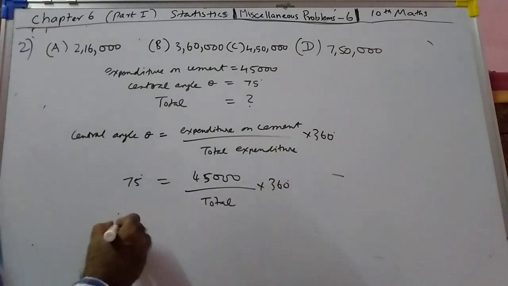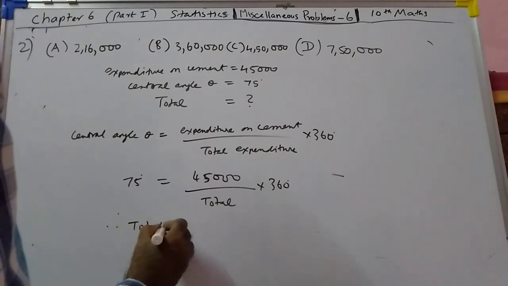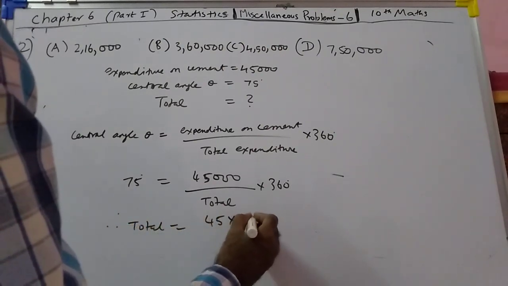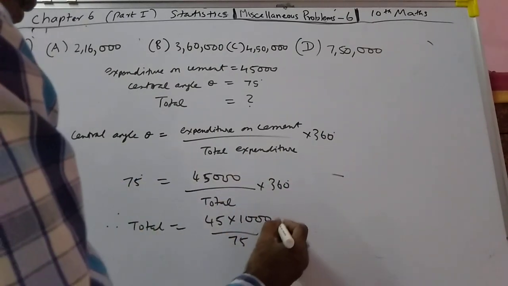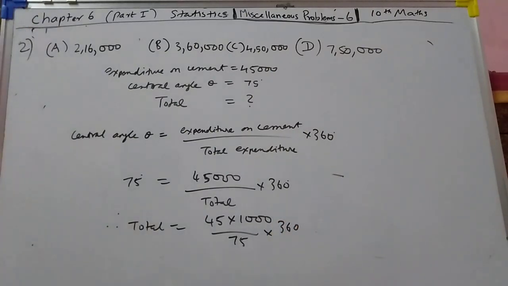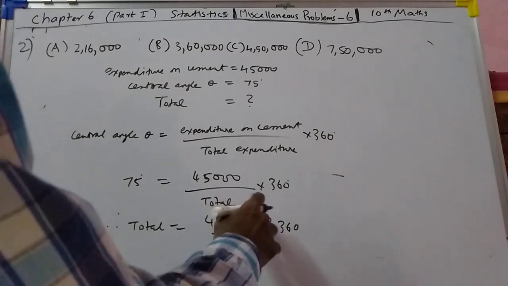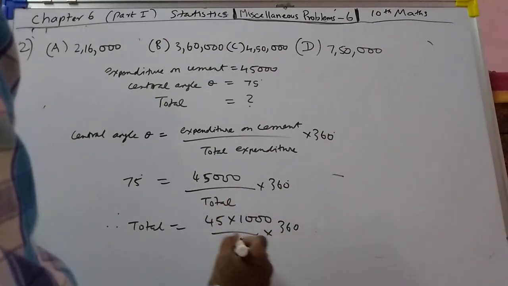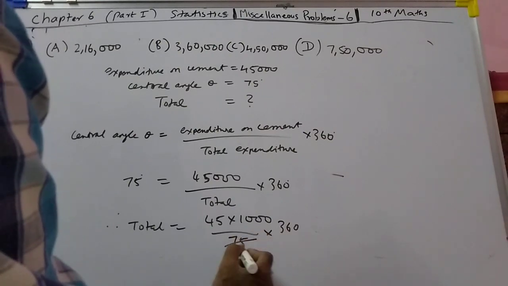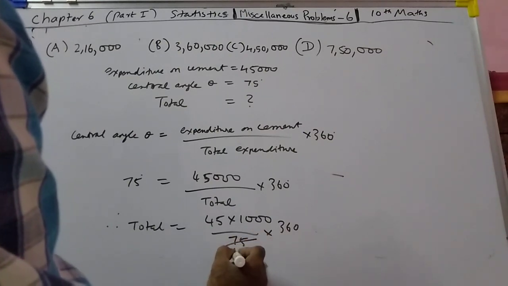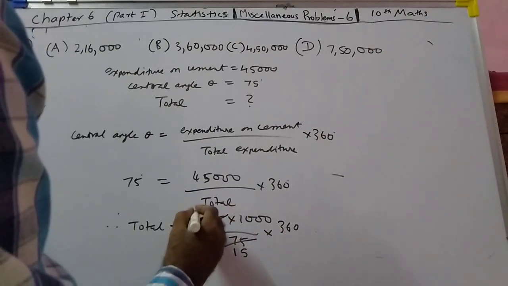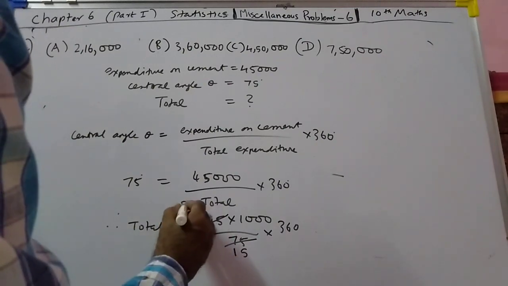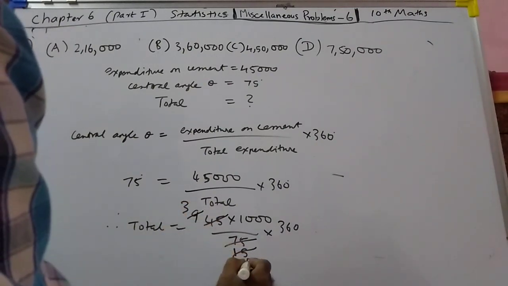Take it as total into 360. Bring it here. Therefore, total is 45,000 into 360 upon 75. Break it into two parts, and cancel it with 5 table or break it more. It will become 5 into 15, and 5 into 9, 3 into 3, 3 into 5.